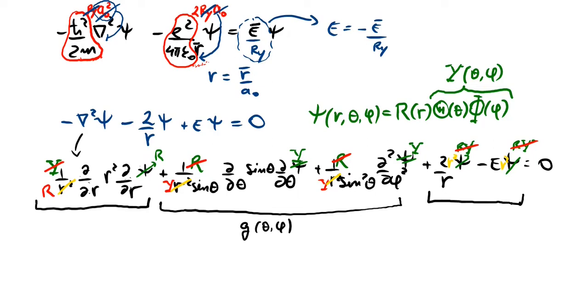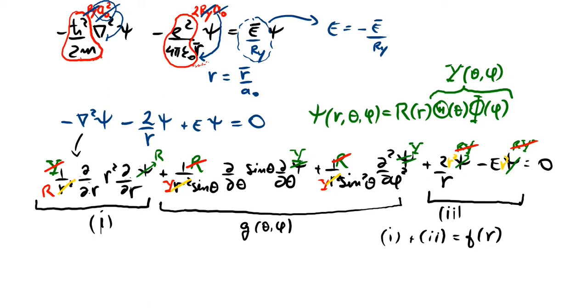These two together, this and this, I'm going to call 1 and 2. These two terms together, 1 plus 2, will for sure be just a function of r. And I'm saying that the sum of a function of r with a function of theta and phi is equal to 0. So this is only possible if each of these terms separately is a constant.